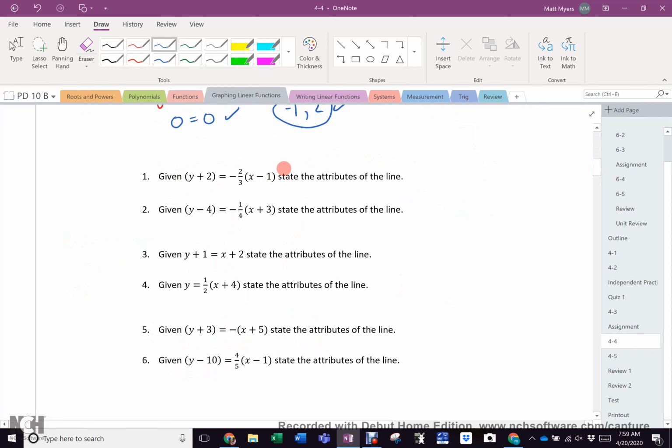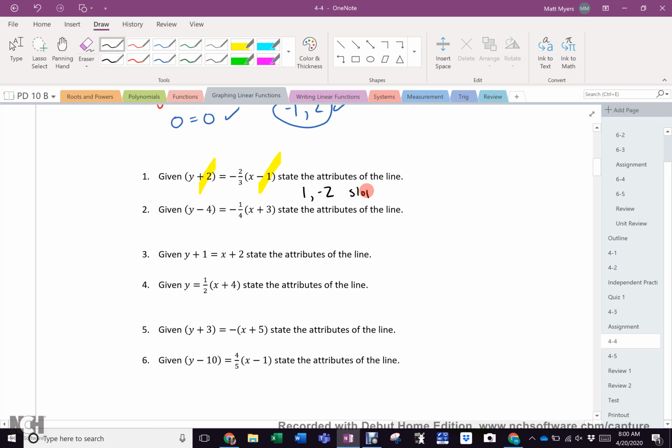So here it is. There is my point on the line. Except what do I have to remember? It's opposite. So where does the line start? Starts at 1, -2.